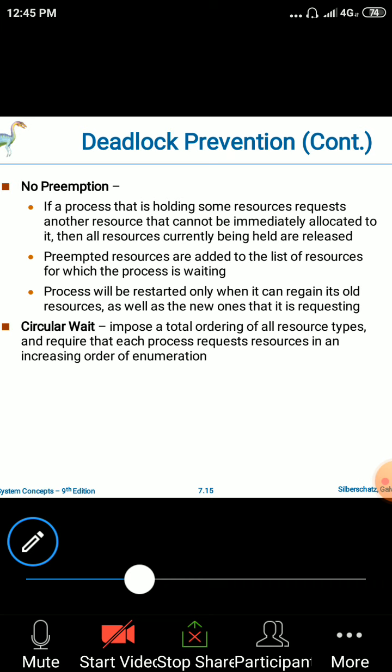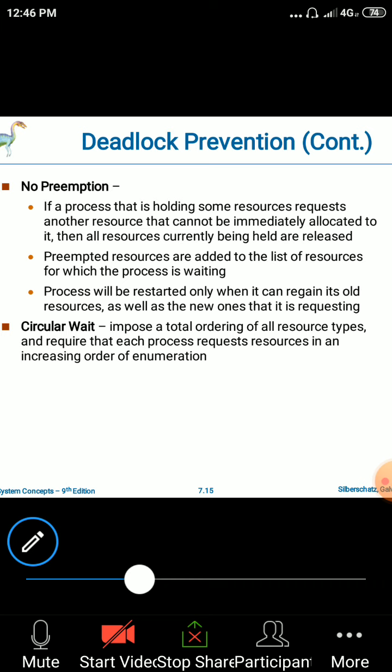Initially the process P1 requests the CPU, which has the integer number 1. Then it requests the memory, which is in increasing order, because for memory we assigned the number 2. Once it is used, it can request the printer, whose number is 3.